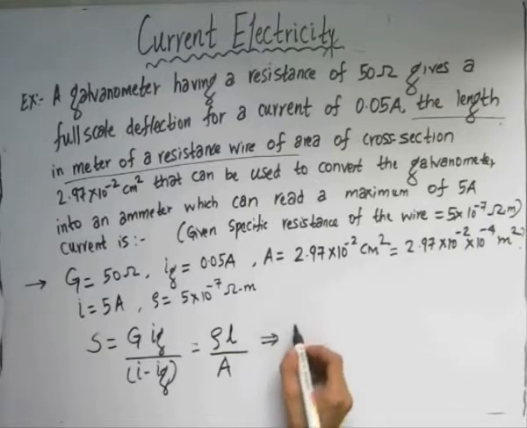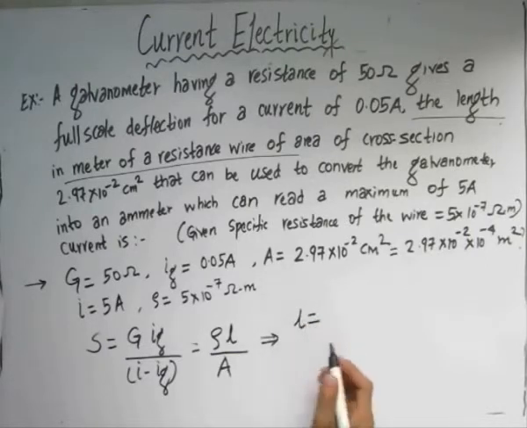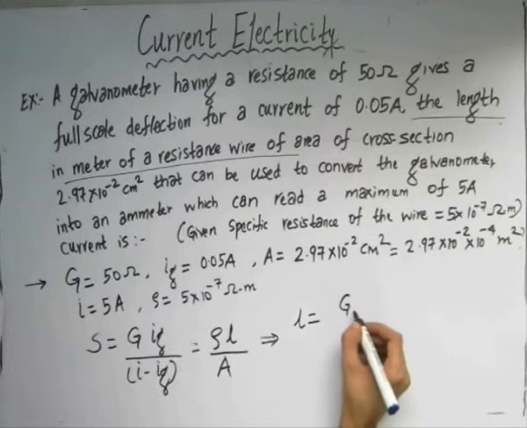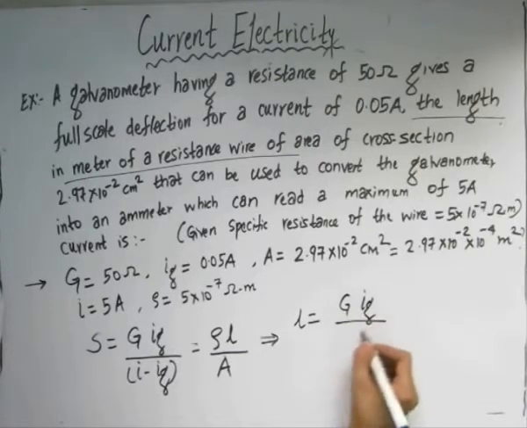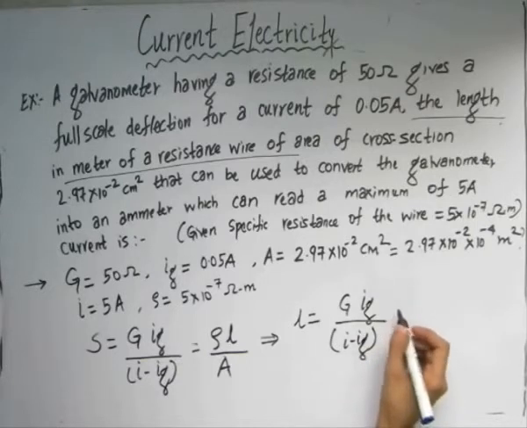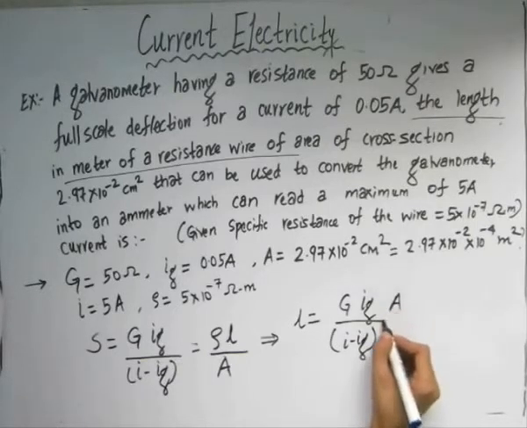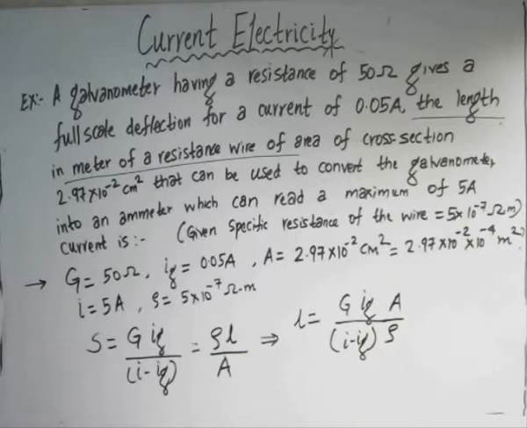From here, you can see that the required length would be G times Ig times the area divided by the specific resistance times I minus Ig.